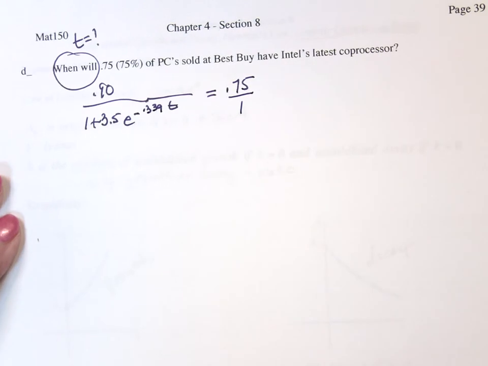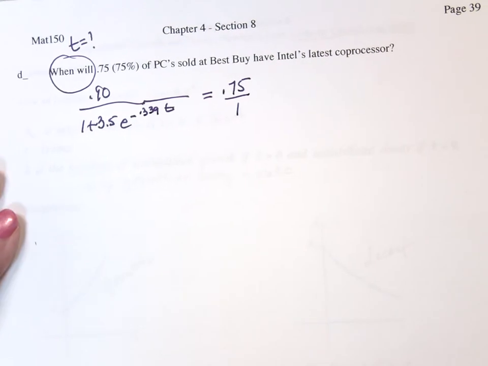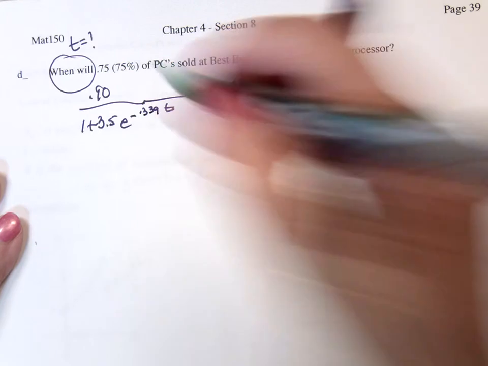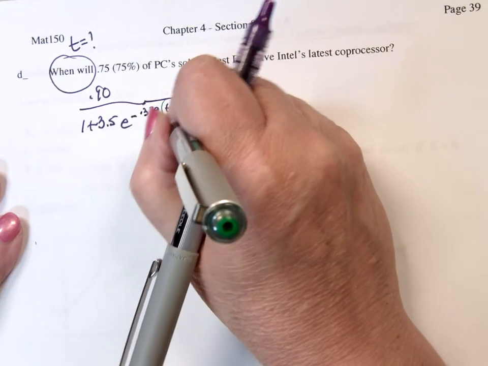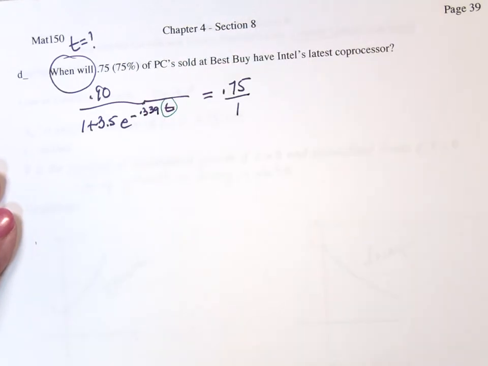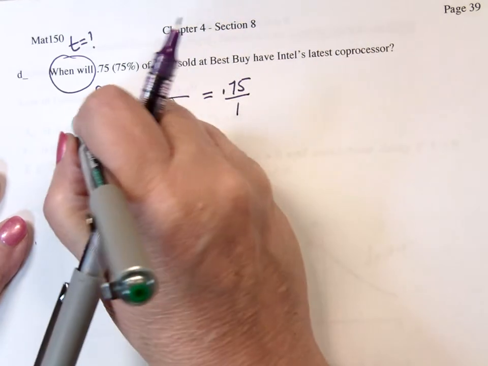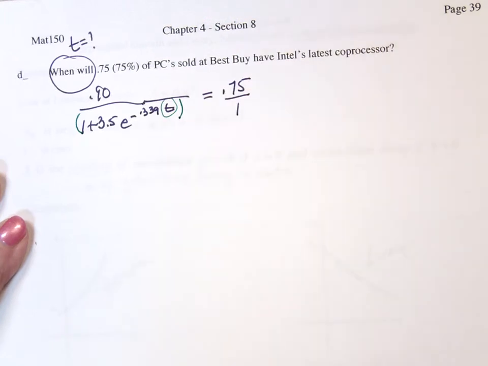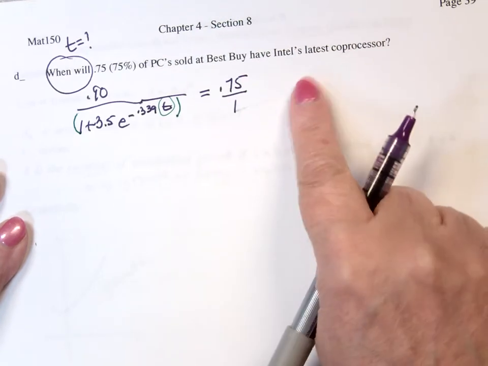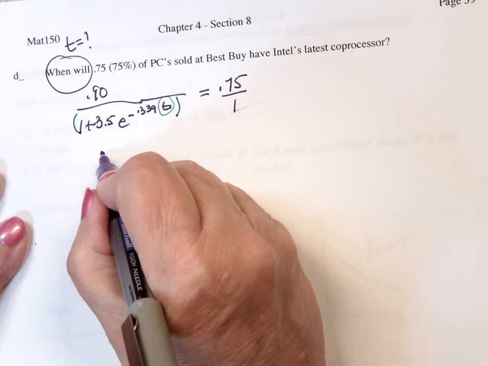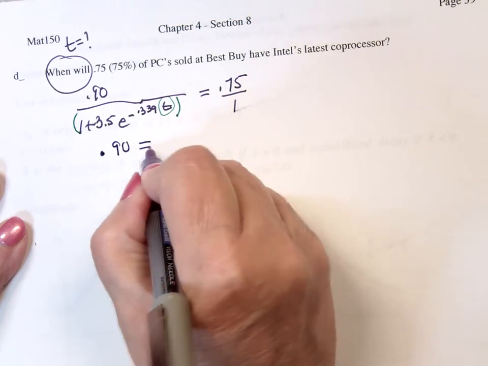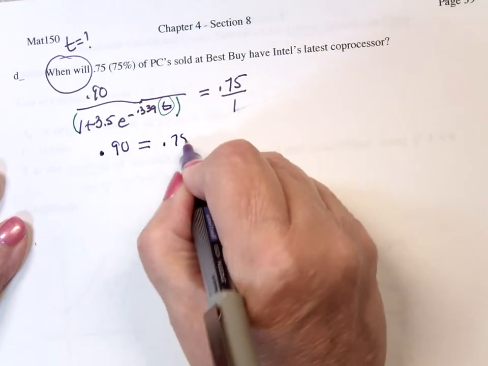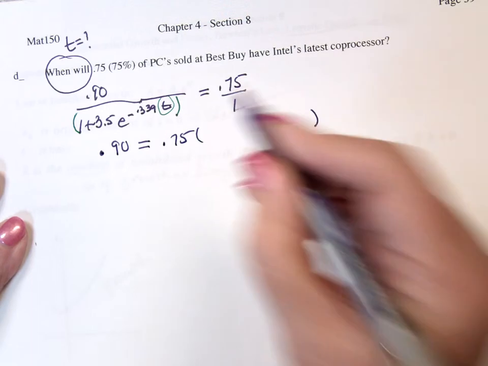Now, one of the easiest ways to cope with this, because here's the problem: this guy, which is what I want, is in the denominator. So one of the easiest things to do to save you some pain is just clear the denominator, where this becomes 0.90 equals 0.75 times that set of parentheses.